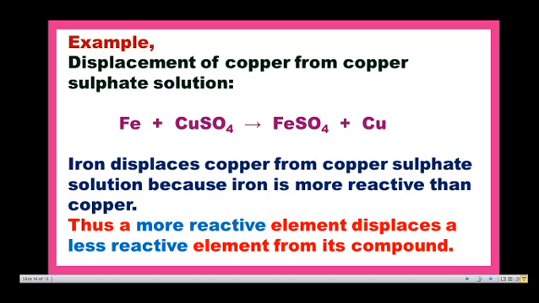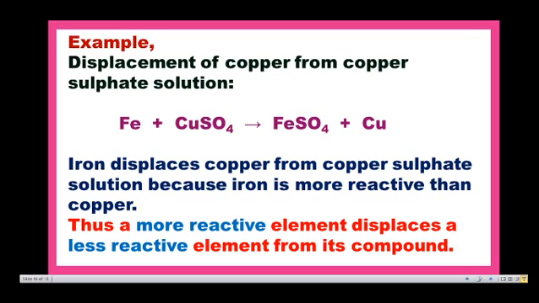Metals or non-metals, anything, they have different reactivity. Some metals react with acids or water very vigorously. Some metals react with other elements. Some metals react in a fast manner. Some metals react very slowly. So based on the reactivity, the displacement reaction will take place.